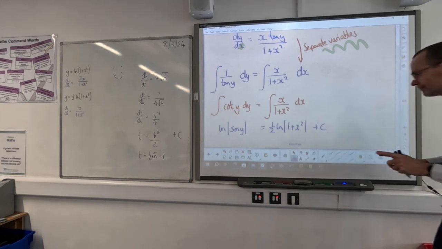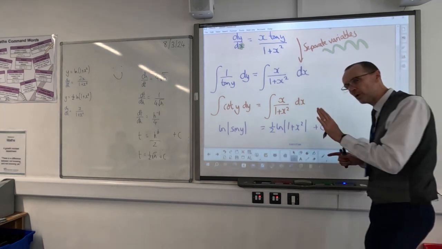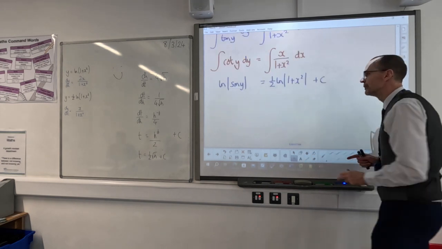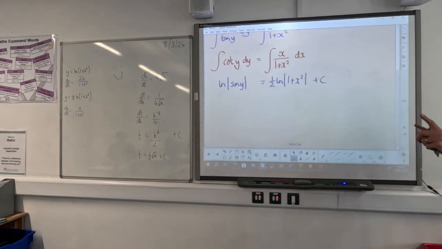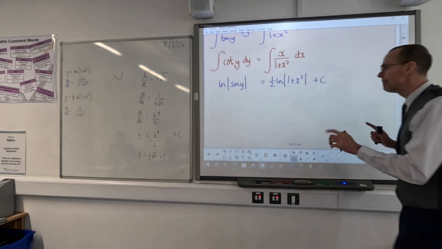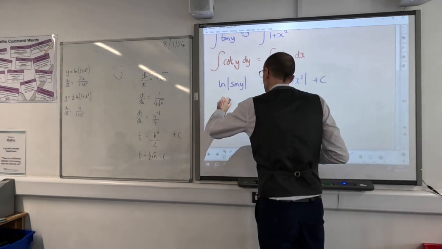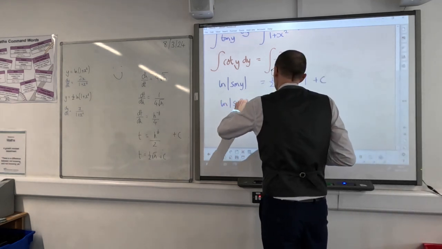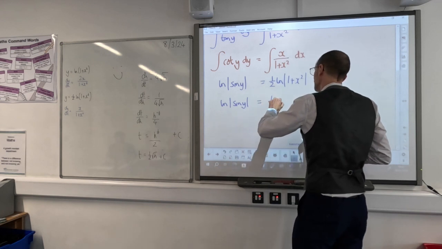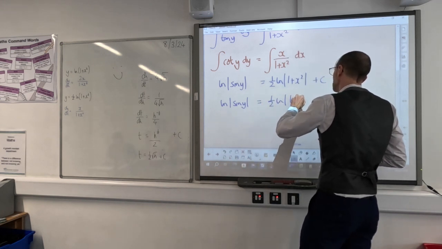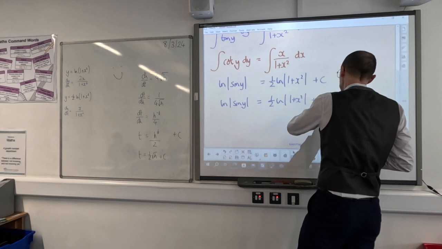But actually, in this case, and this is quite an important subtle issue, everything else is in terms of logs. So it might be a bit easier to write that constant as the log of a value.